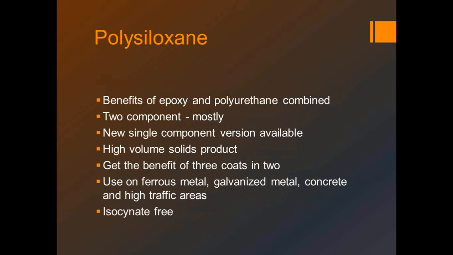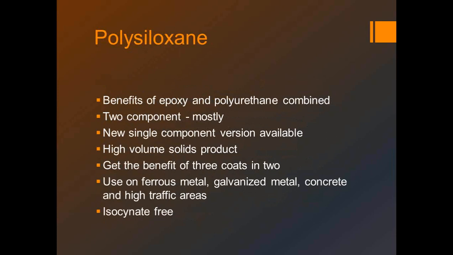Whenever you're applying polyurethanes, there normally are requirements in terms of fresh air or air-assisted hoods when you're applying those kinds of products. Isocyanates are a dangerous chemical component, and the MSDS states that pretty clearly. If you're on a work site that you want to keep free of anything that could be a hazard to surrounding work people, one way of doing it is to move to a polysiloxane versus a polyurethane.